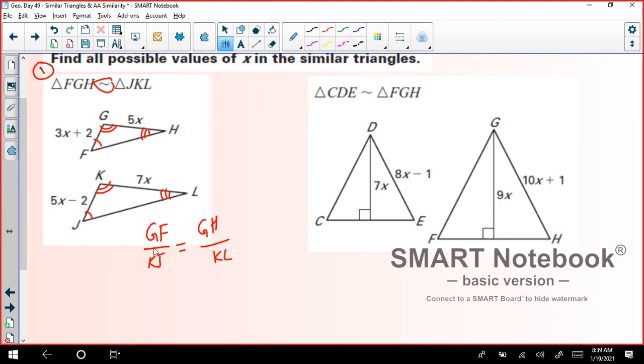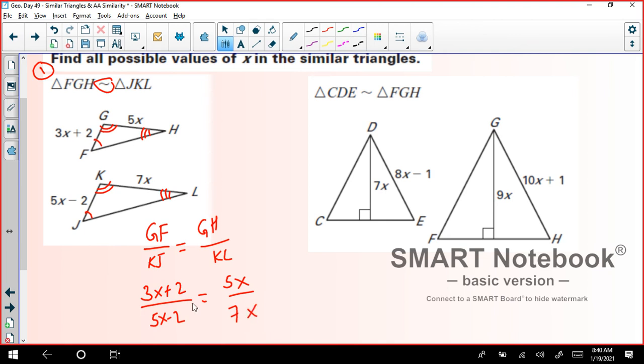So GF was 3x plus 2 over KJ, which was 5x minus 2, is equal to GH, which is 5x, over KL, which is 7x.